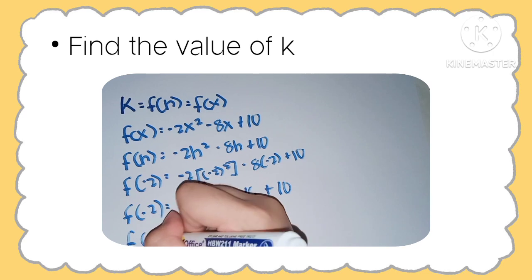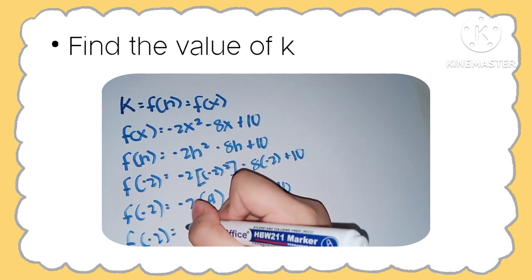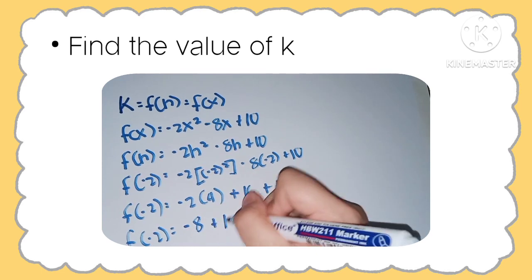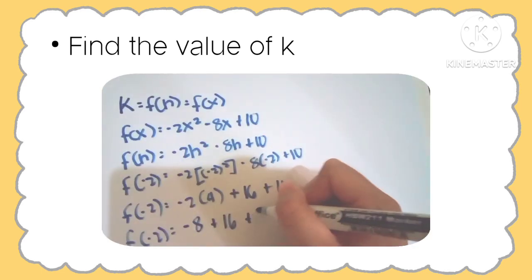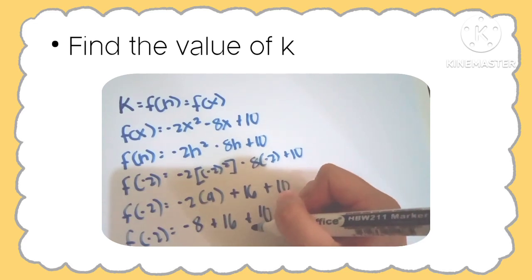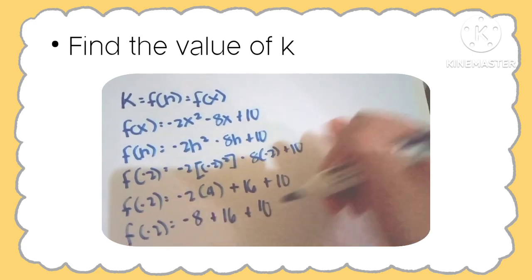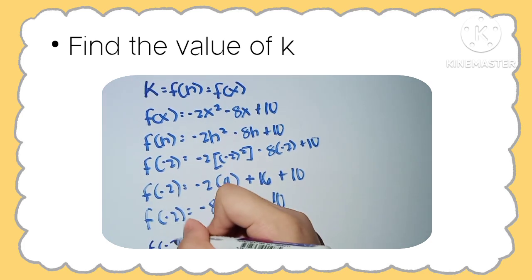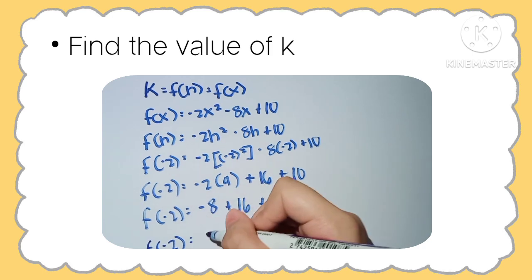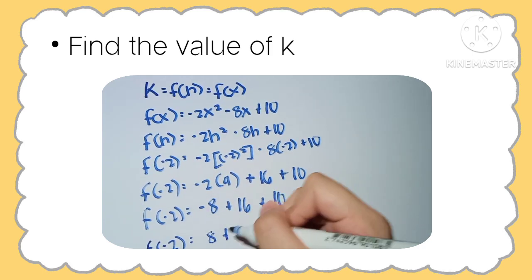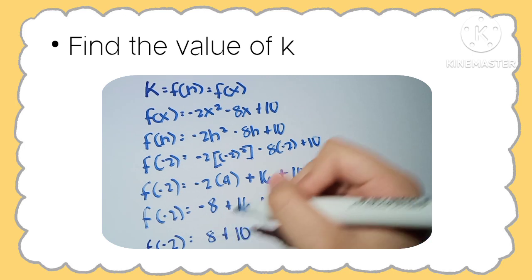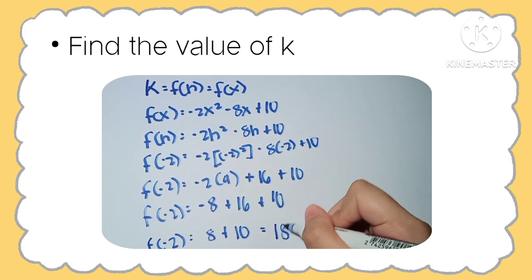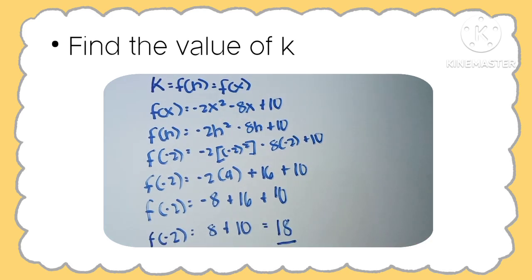Now, f of negative 2 is equal to negative 8 plus 16 plus 10. f of negative 2 is equal to 8 plus 10. And 8 plus 10 is equal to 18. So the value of our k is 18.